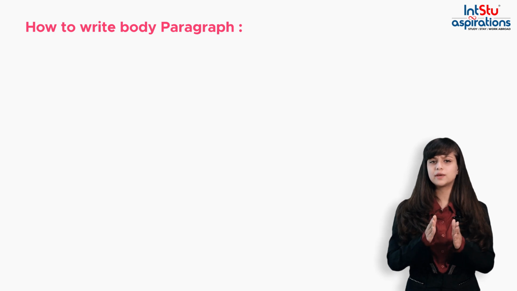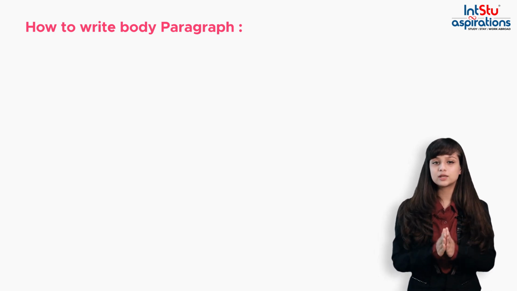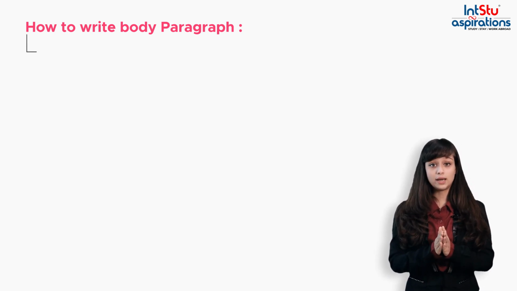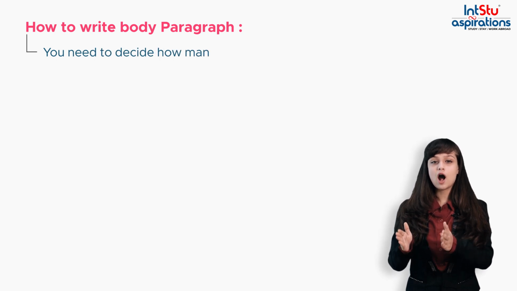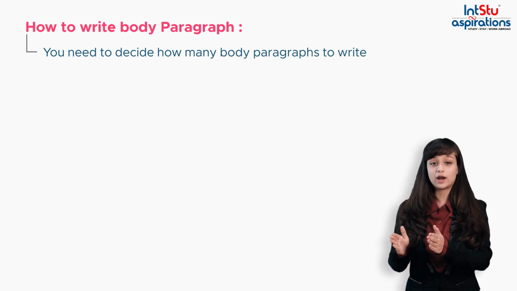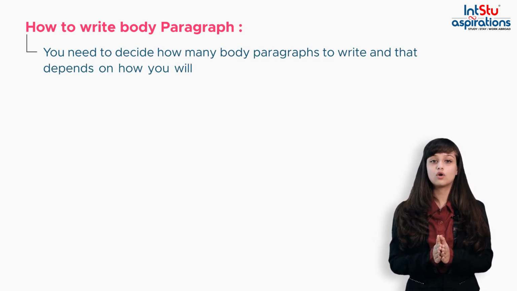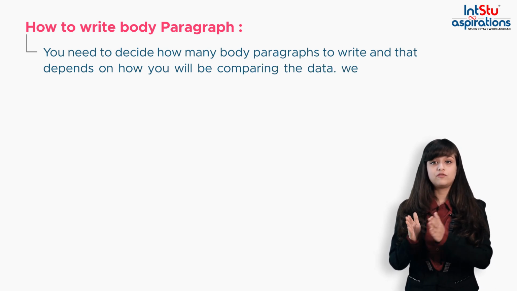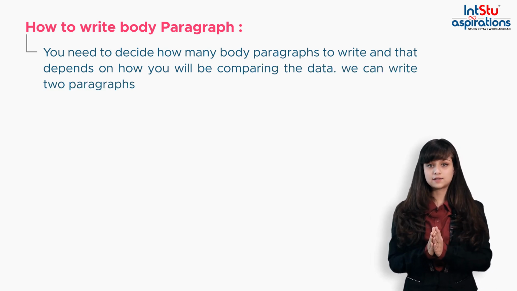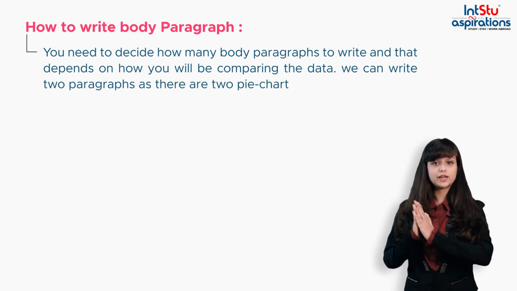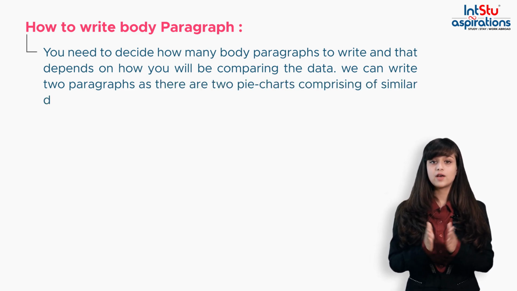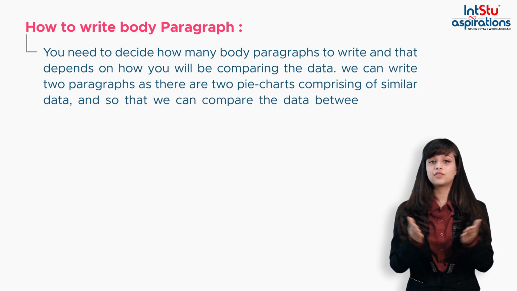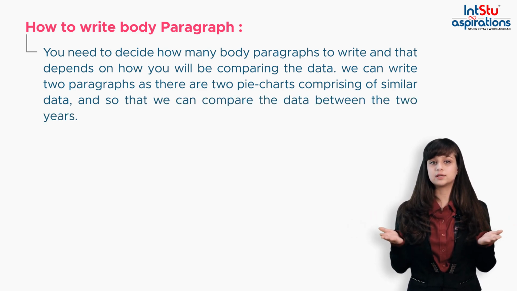But before you begin writing, there are some points to keep in mind. 1. You need to decide how many body paragraphs to write, and that depends on how you will be comparing the data. For this chart, we can write 2 paragraphs as there are 2 pie charts comprising of similar data, so that we can compare the data between the 2 years.